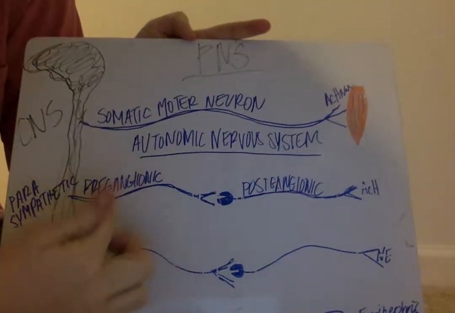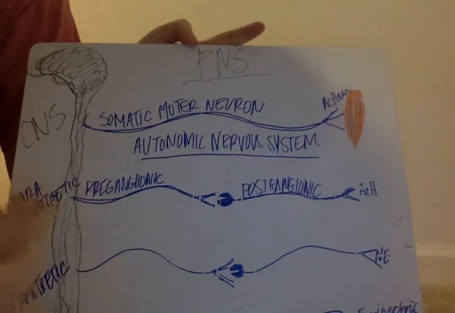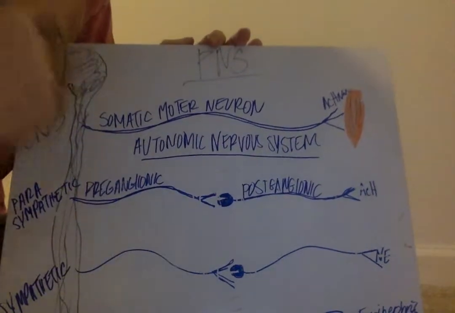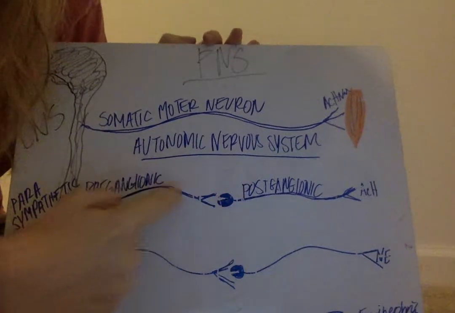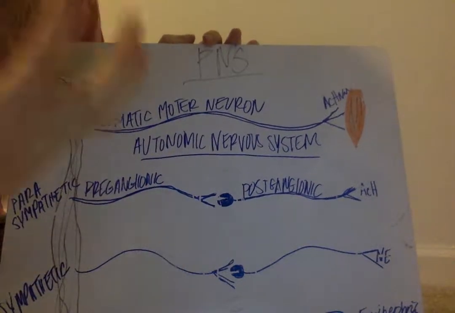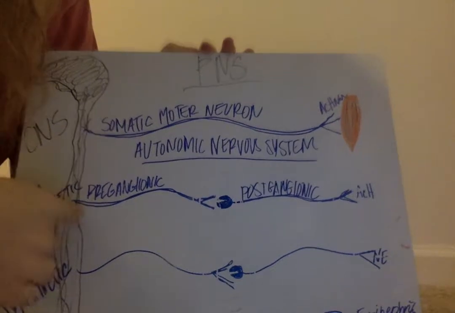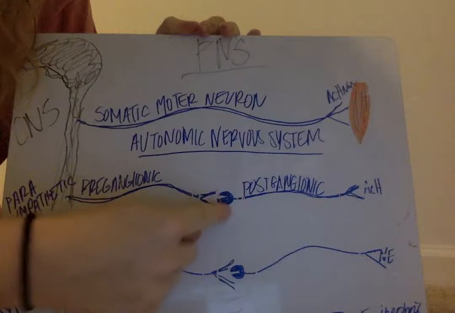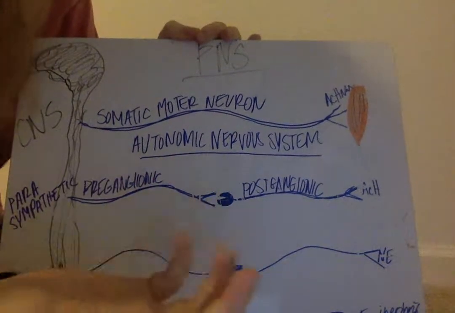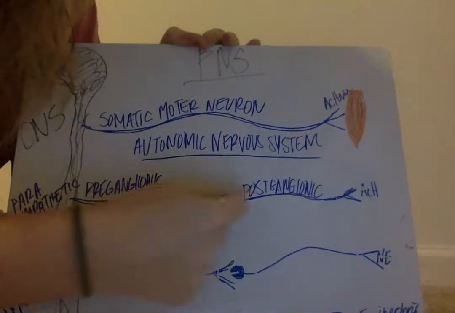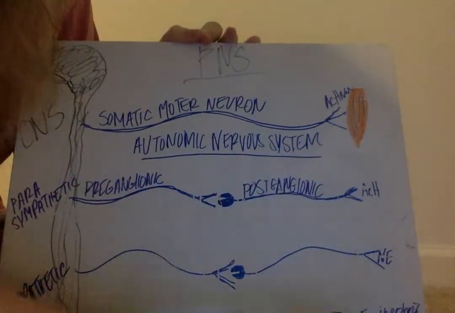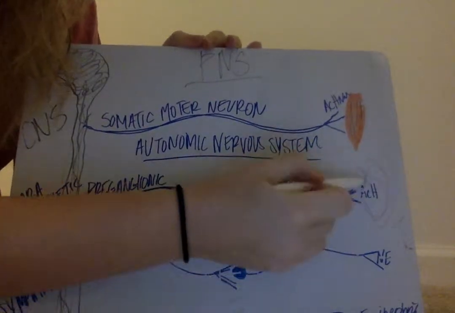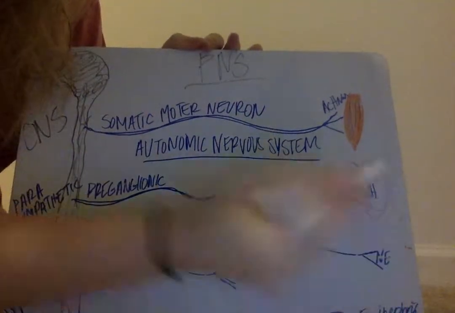Next, this is representing our parasympathetic nervous system. So in the parasympathetic and the sympathetic, we have what you call a ganglion, which is just a bundle of nerve fibers. You have this preganglionic nerve that leaves the spinal cord, comes down, and synapses with the ganglion. And the ganglion goes on off and reaches the body cell. Say this is a heart cell. And it's going to tell the heart what to do.